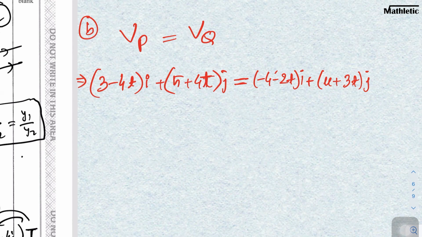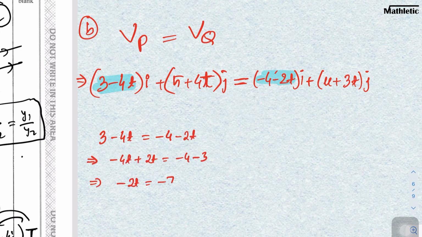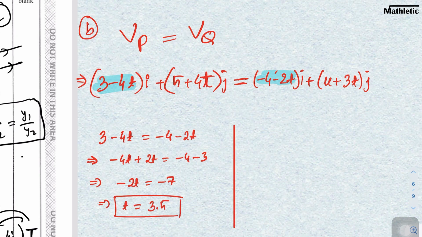So if we pick the coefficients for i, we have 3 minus 4t at the left side and minus 4 minus 2t at the right side. So let's equate them. So we have t equals 3.5.